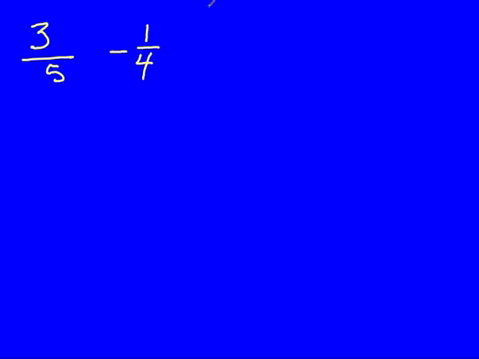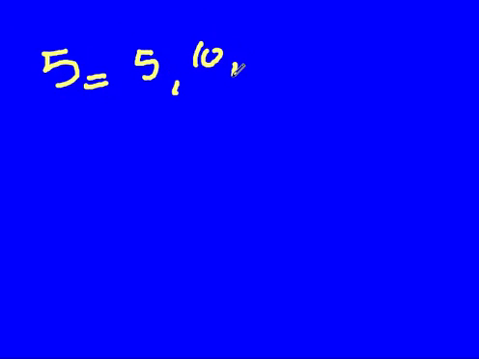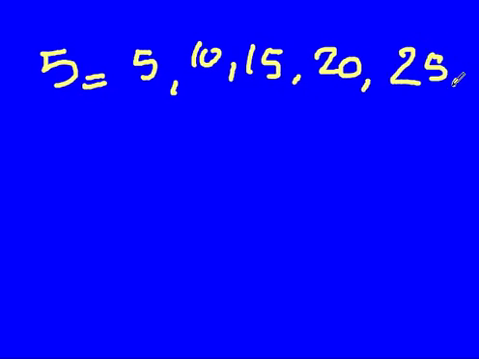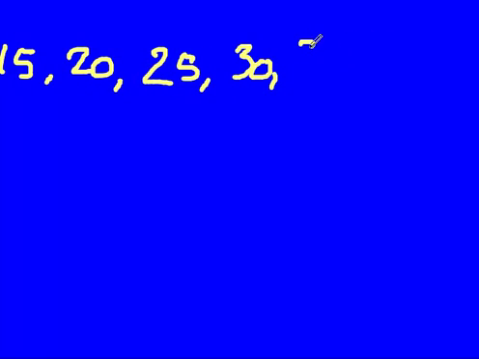So if I write down 5's times table, it is going to be 5, 10, 15, 20, 25, 30, 35, 40. You can carry on with that.